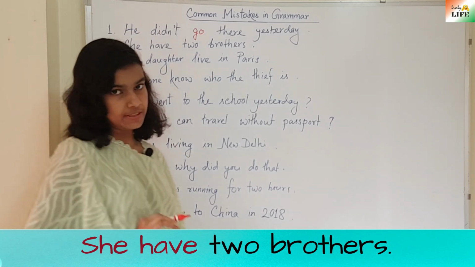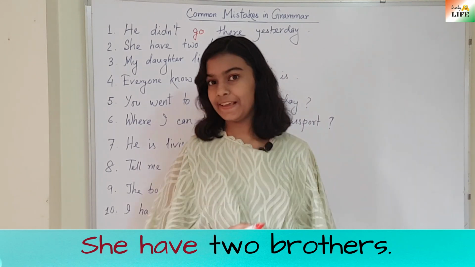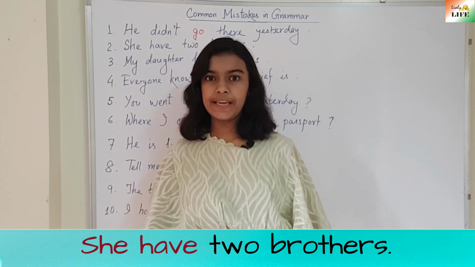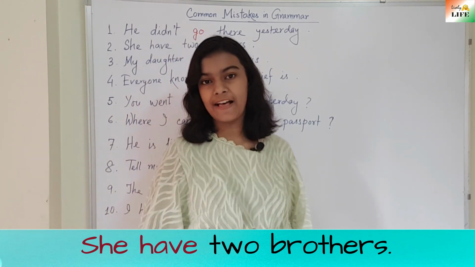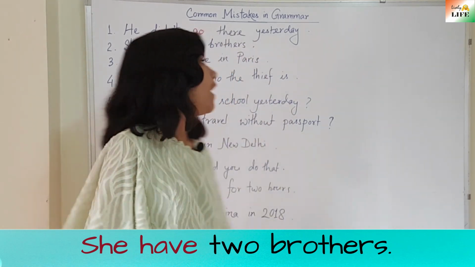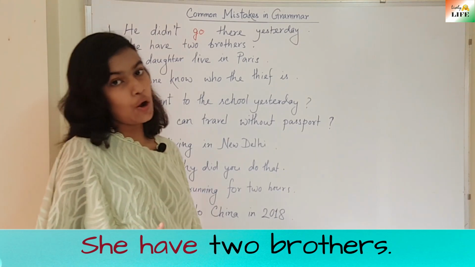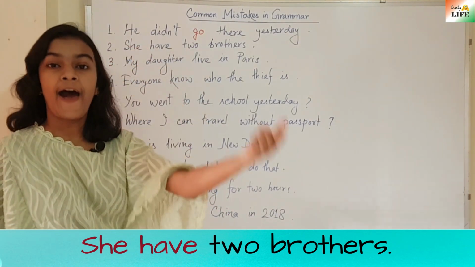So remember this, after I, we, you and they, we use have. And after she, he, it or anyone's name, we use has. Okay. So here, after she, we have used have. So have is wrong.